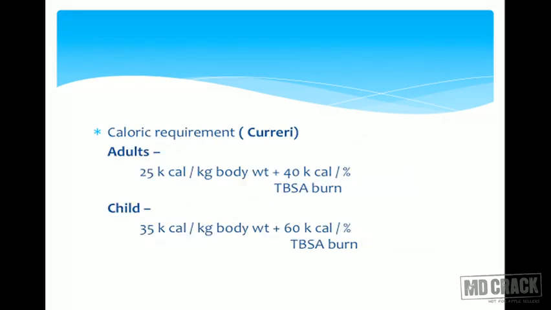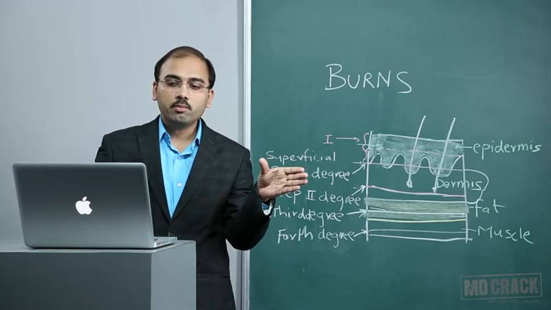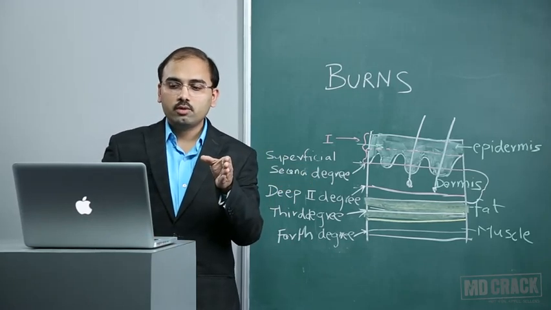Now we are to calculate the calorie requirement for burns patient. They are given by Curreri formula. In adults, it is calculated as 25 kilocalories per kg body weight of patient plus 40 kilocalories per percentage of burns area. So you have to add basic requirement plus additional requirement for burns.